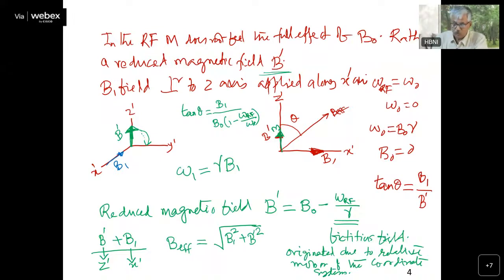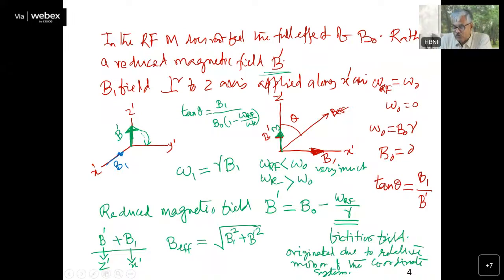Now there could be two possible conditions. One possible condition is that omega RF and omega 0 are very much different. So omega RF can be less than omega 0. Another case, omega RF can be greater than omega 0.